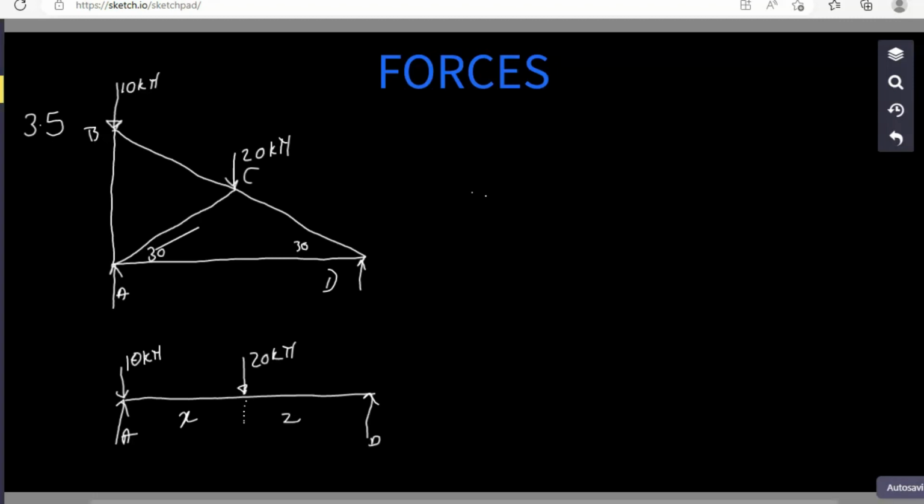How do we know that they are equal? These two angles are the same. Therefore, we can see that C is acting in the middle of this triangle. So we're going to take moments about A.